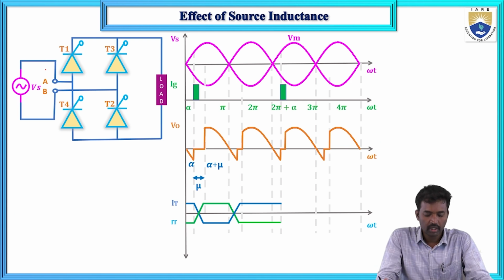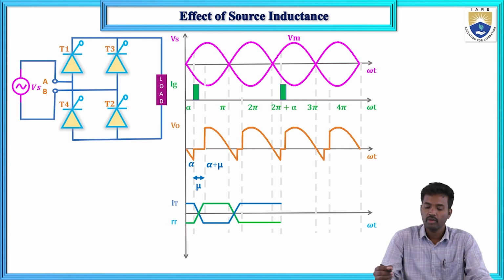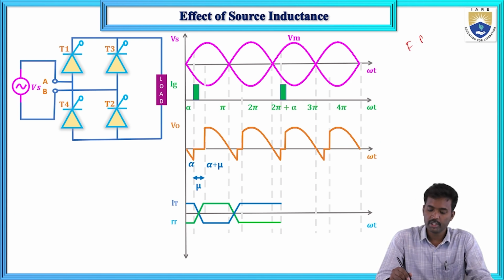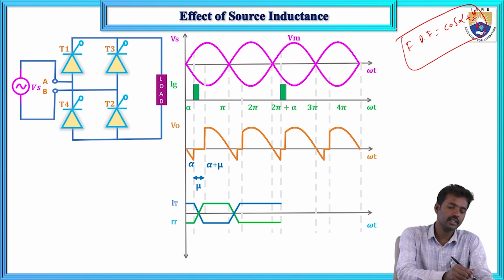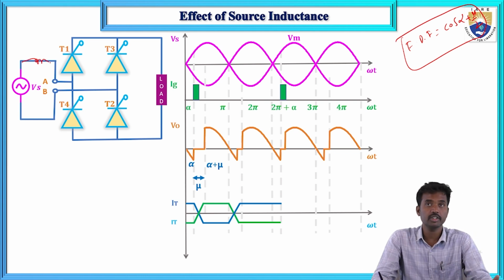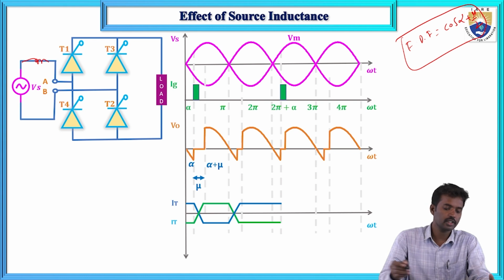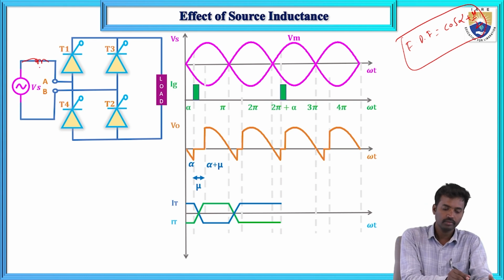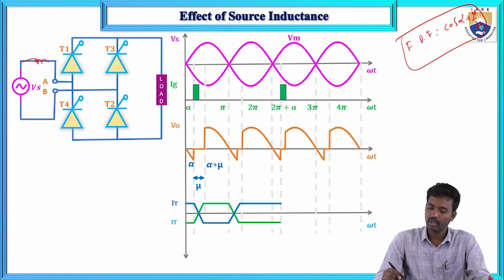Fundamental displacement factor equals cos of alpha plus mu by 2. In the previous case without source inductance, that is only cos alpha, but here just because of this source inductance, this value is cos of alpha plus mu by 2.